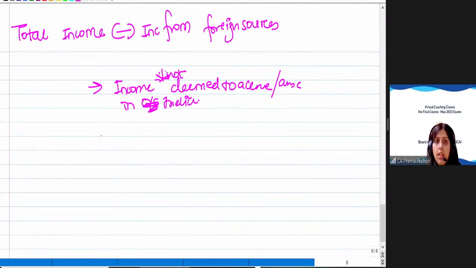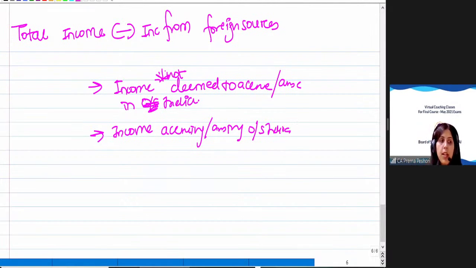Number one, income accruing or arising outside India, but you will consider income from business controlled in or profession set up in India.